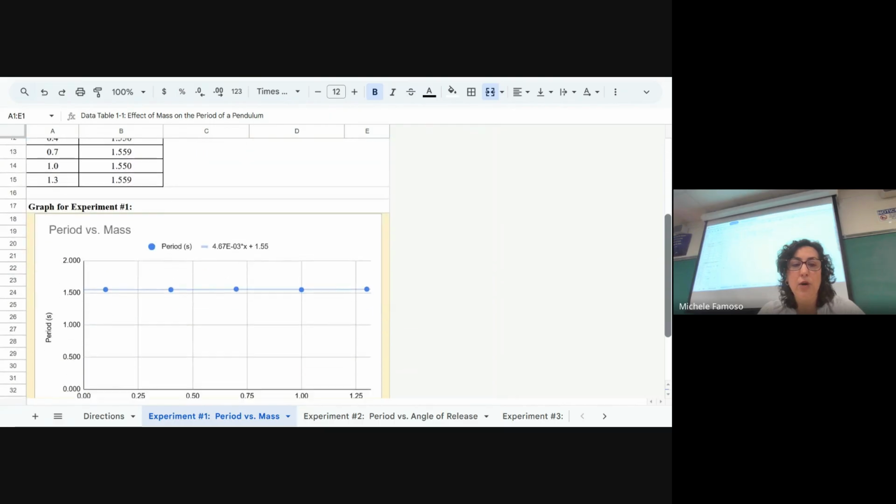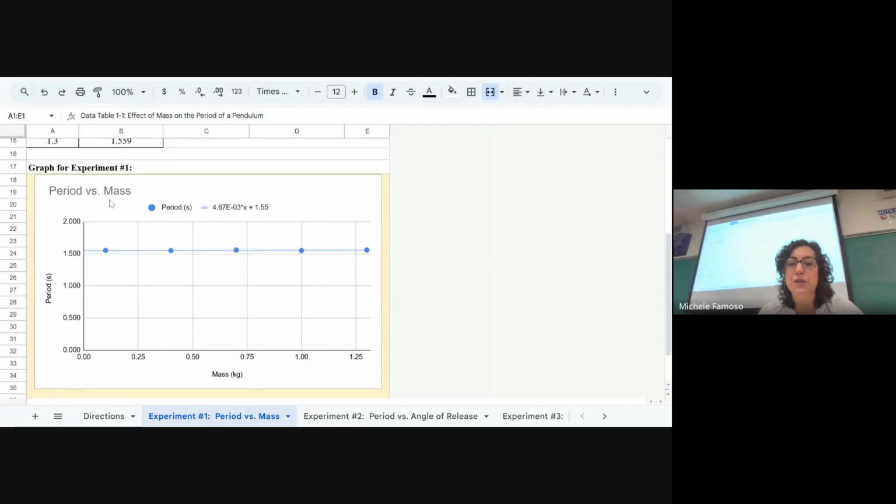And then we made a graph of the period versus the mass. When we modified our graph, we got rid of the units in the title. We added a 0 to the horizontal axis, so that way we had a vertical y-axis on our grid. We added the trend line and the equation for the trend line. Your graph should look like a horizontal line if you've done that correctly.